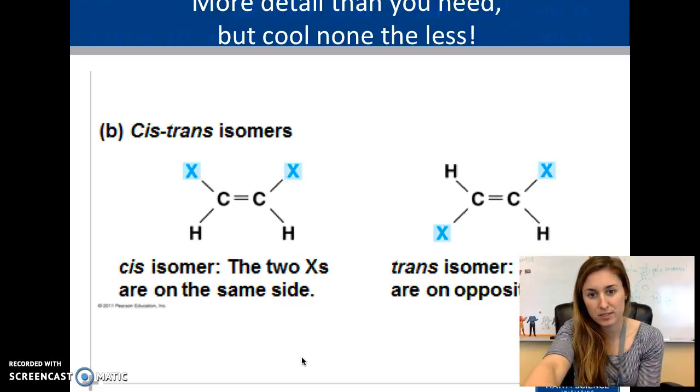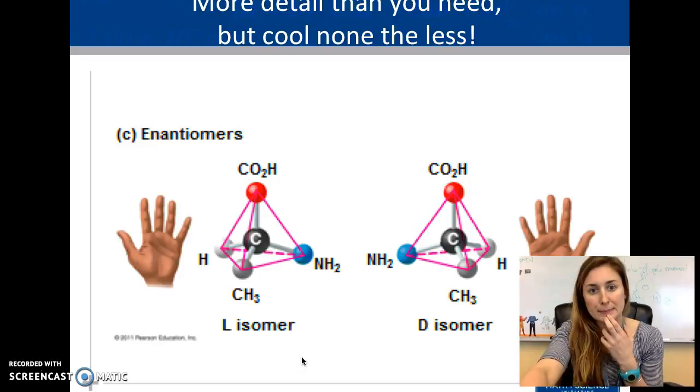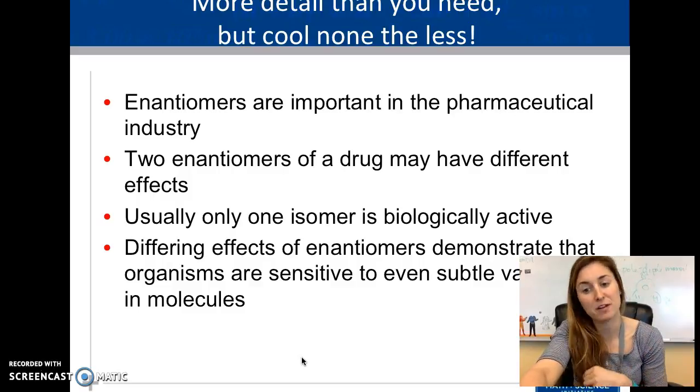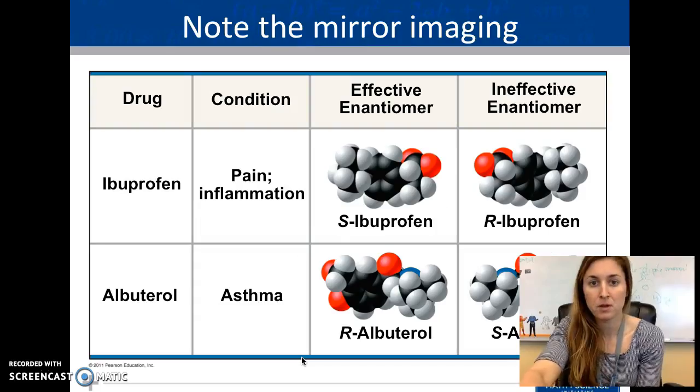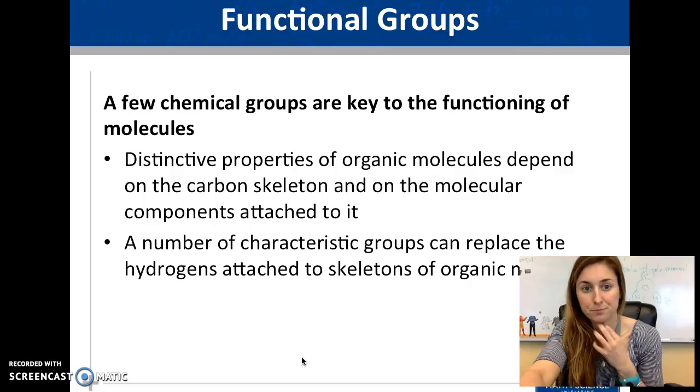You don't really need to know this. Cis-trans isomers are exactly the same structure, just a flipped portion. Again, different arrangement makes different compounds. This is just for your edification if you want it. We can also make molecules that are mirror images. It's a type of isomer. It makes them do different things, but they have the same number of carbons and hydrogens.